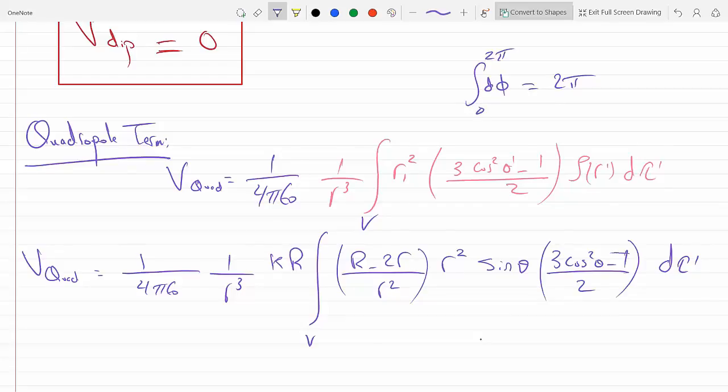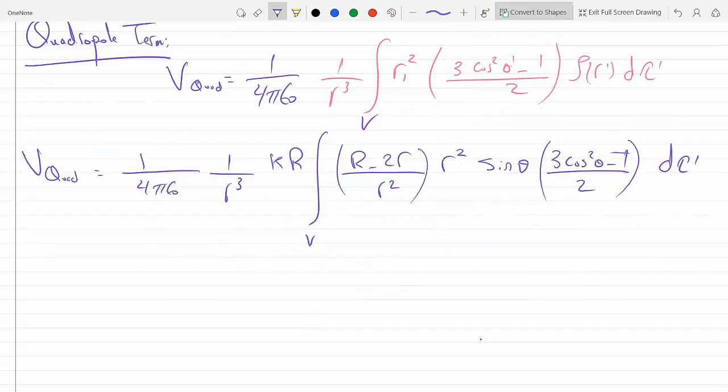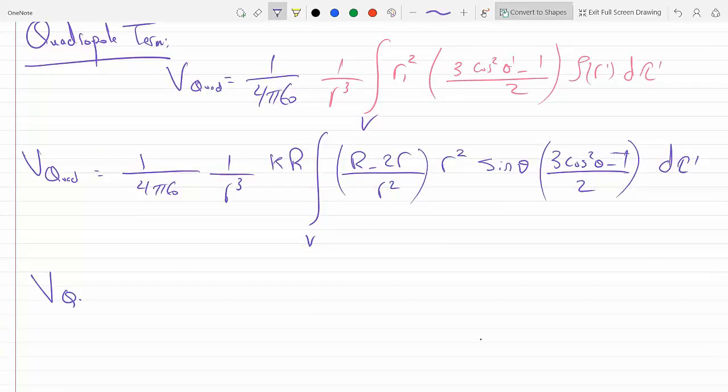So let's just start simplifying, because this looks like a long integral. So this becomes 1 over 4 pi epsilon 1 over r cubed kr. Let's bring the half out.